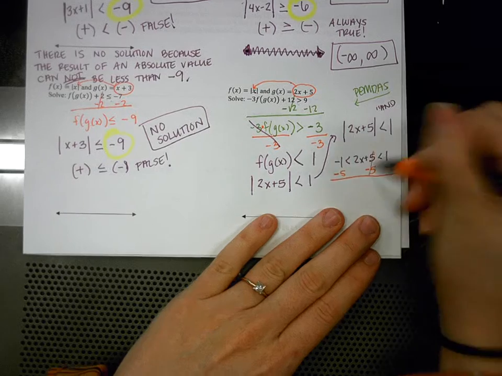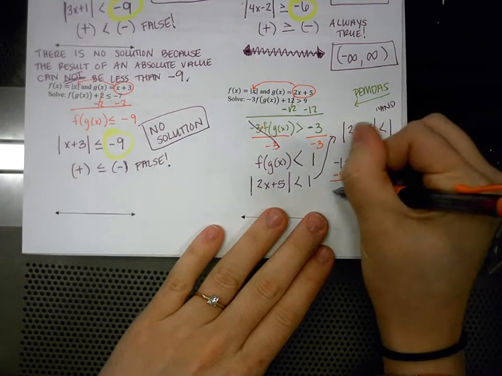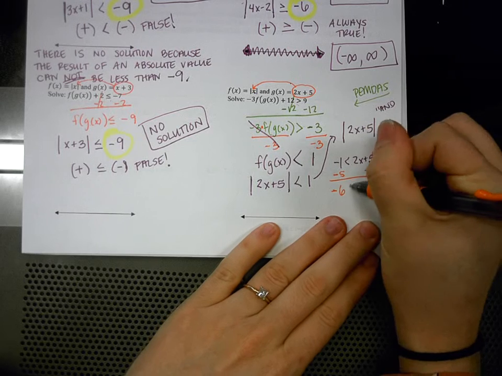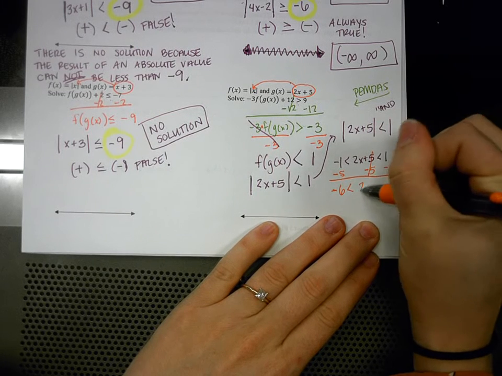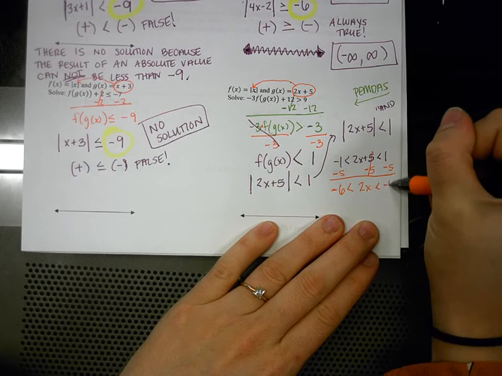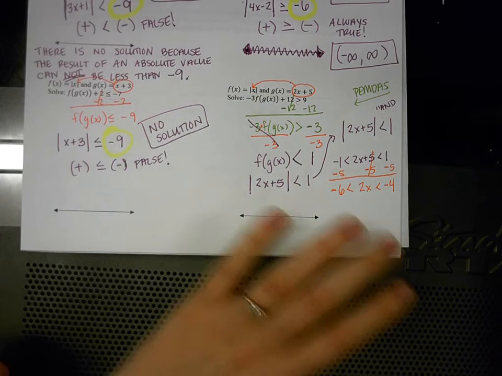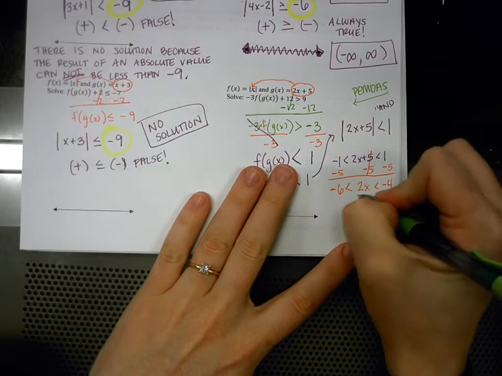Negative 1 minus 5 is negative 6. I have 2x left in the middle. And on the right-hand side? Negative 4. Is x by itself? Not yet. What do I divide by? 2.